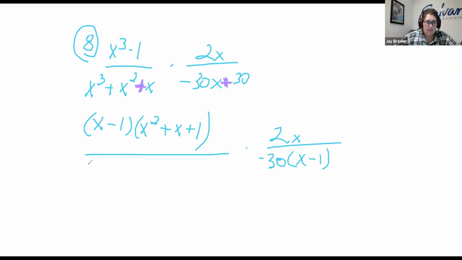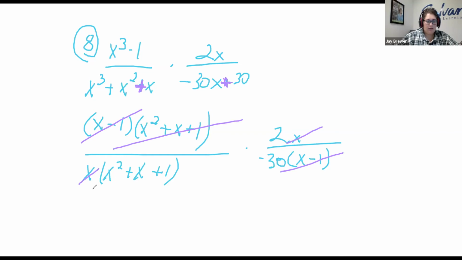And then on the bottom for this one, we pull out an x and we get x squared plus x plus 1. Whole bunch of stuff goes through and cancels. X minus 1 cancels. X cancels. X plus 2. X squared plus x plus 1 cancels. And we actually end up with just negative 2 over 30, which is equal to negative 1 over 15.